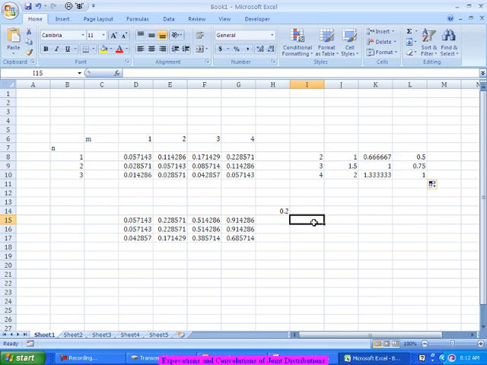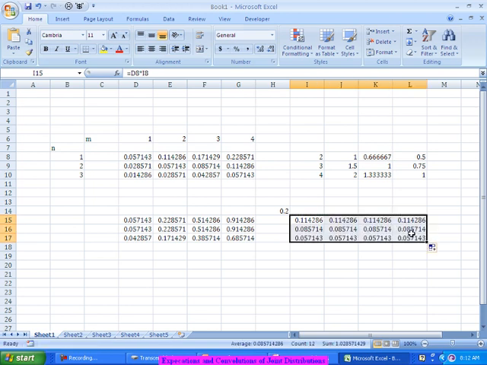This number I have to multiply with the corresponding probability, this into this, and then add up. This becomes my N plus 1 by M expected value, which is 1.02. You are multiplying that particular value of a combination of M and N with their corresponding probability.